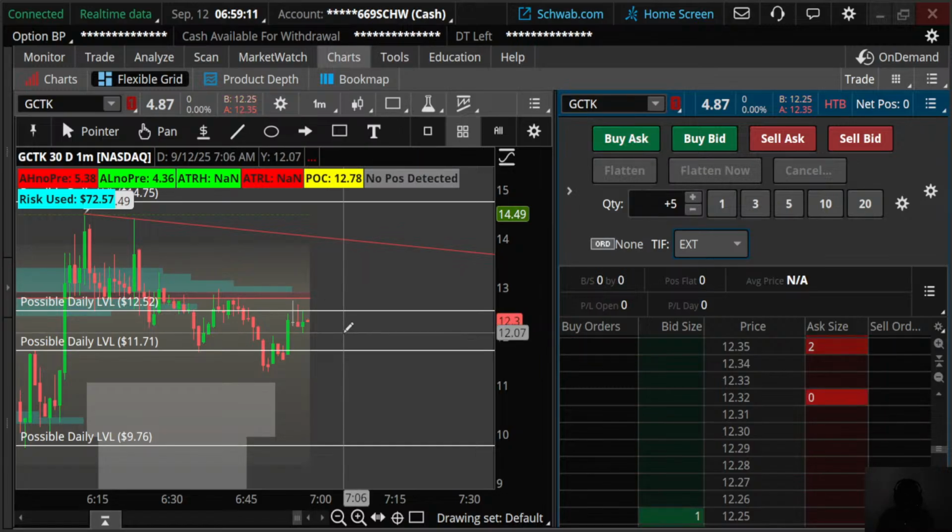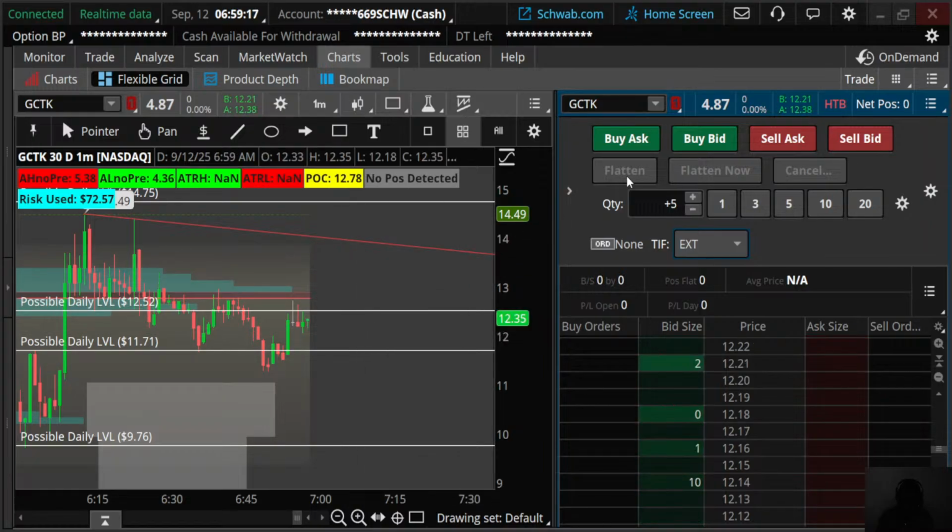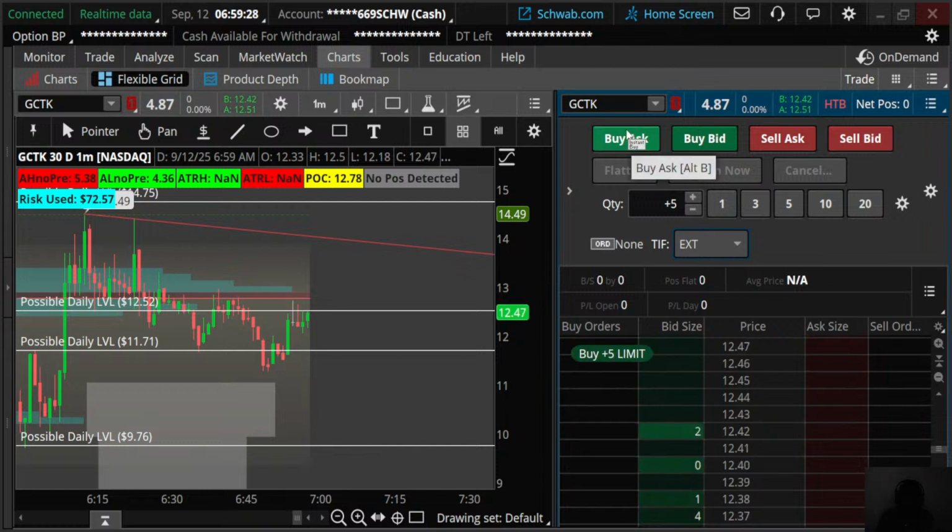Can I use this as my out of the $12? Oh, there it is. Okay. Are we going to push? Push through those 50s? Maybe not.